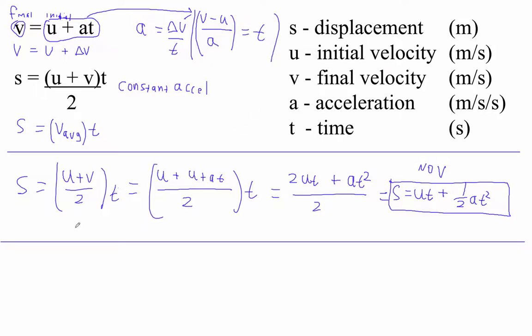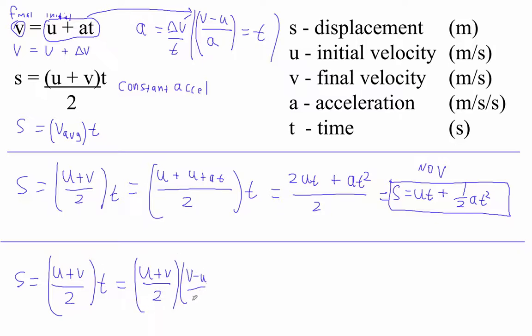So I'm going to substitute that in for t. I'm going to use the same formula: s is (u plus v) over 2 times t, and then I'm going to substitute (v minus u) over a for that. So I'm going to go (u plus v) over 2 times (v minus u) over a.